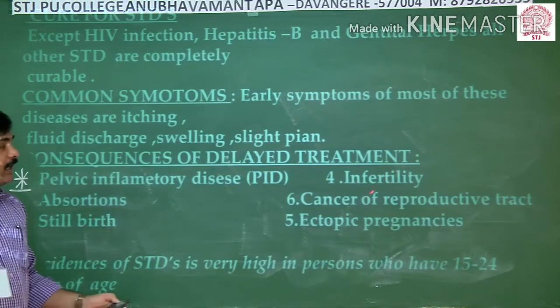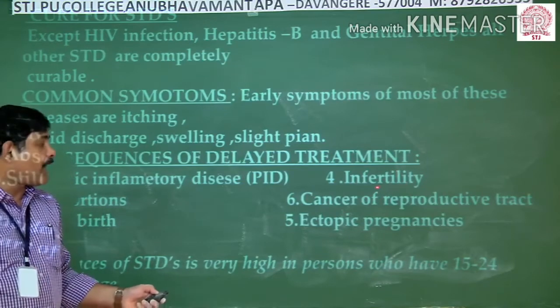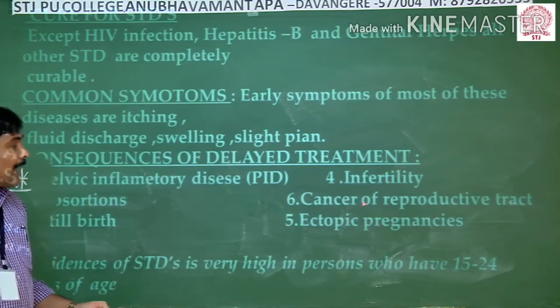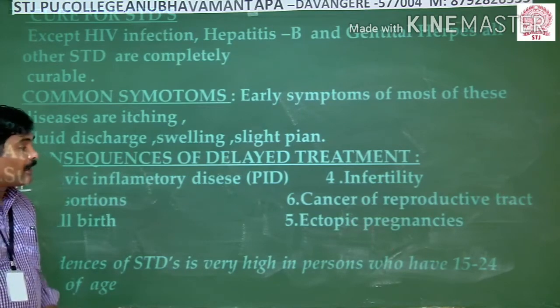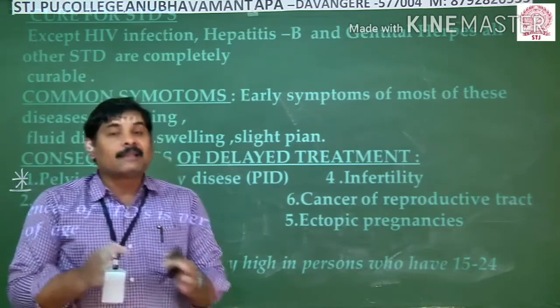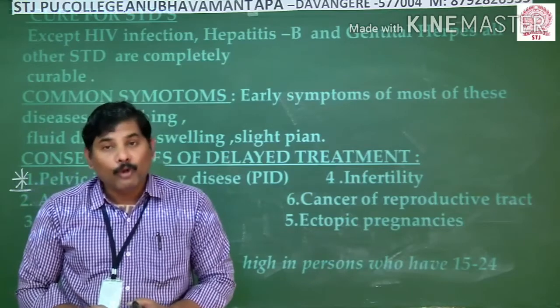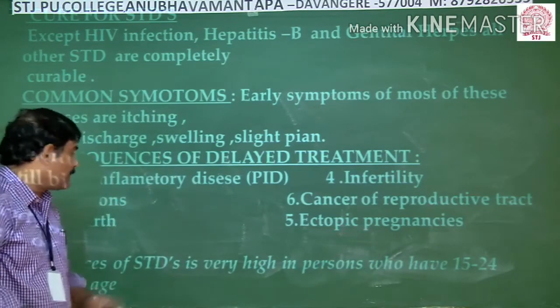Cancer of the reproductive tract also can take place, and ectopic pregnancies, where instead of implantation taking place in the uterus, implantation takes place in the fallopian tubes. Such a pregnancy is known as an ectopic pregnancy.